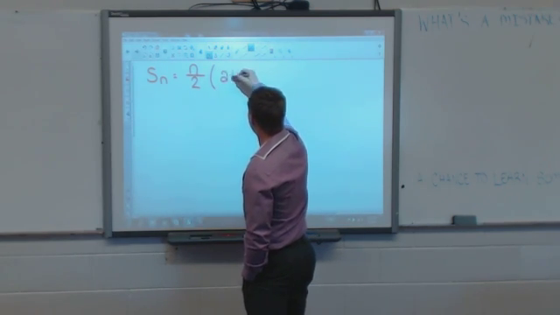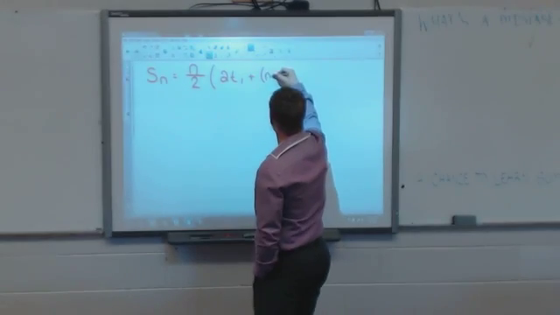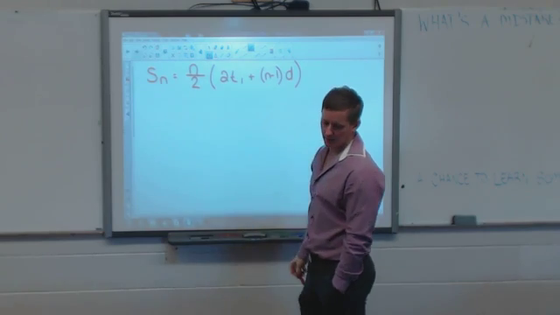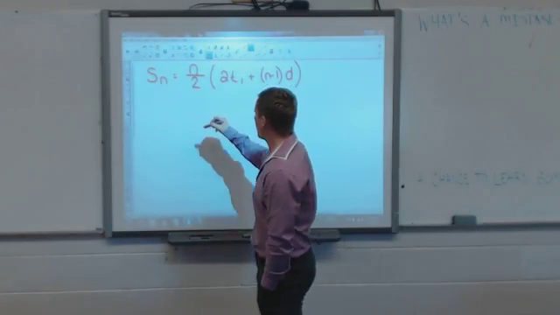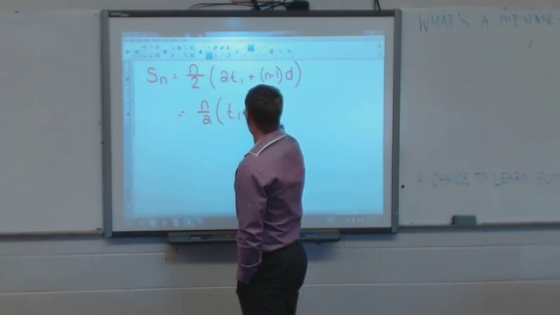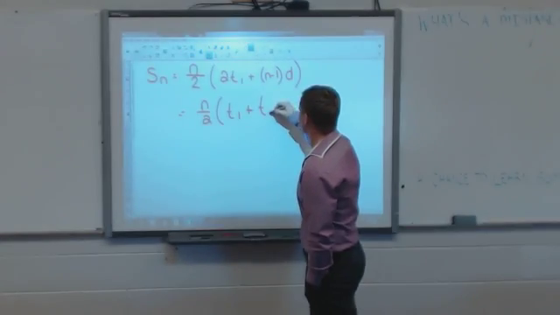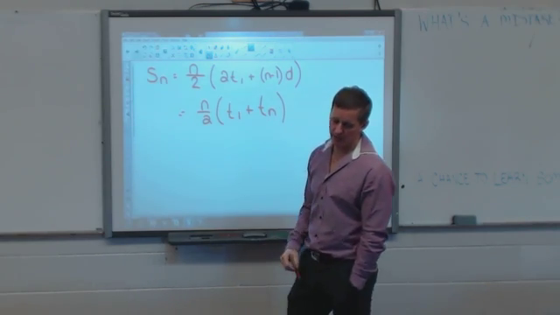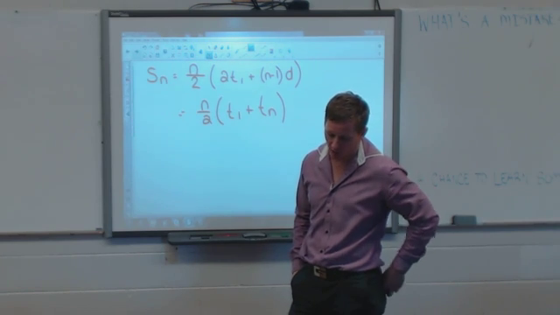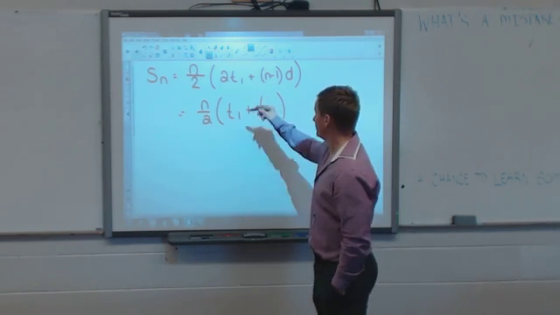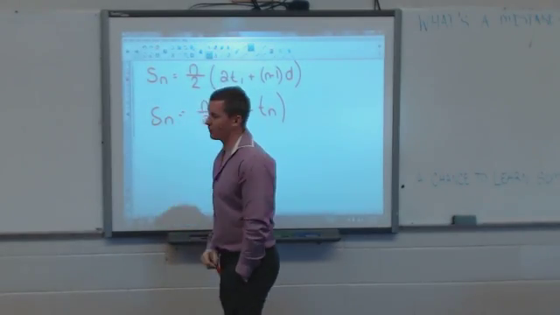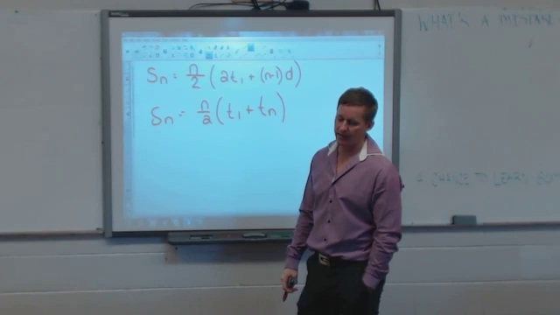We can go twice the first term, plus n minus 1, times d, or we can go n over 2, t to the 1 plus, if we know what the last term is, we can do it that way as well, where t to the n is the nth term, if we know it. Otherwise, we have to use this as our way in which we find our sum of an arithmetic series.